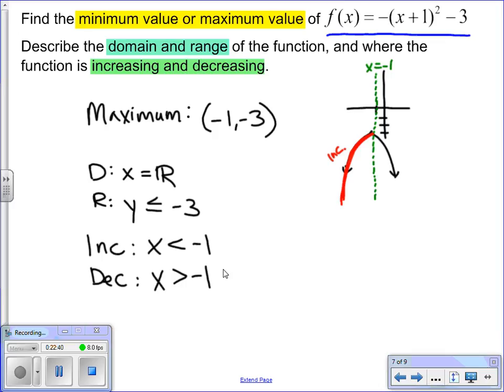It's its own special point as a maximum, and the points after it will be our increasing or decreasing function. Any questions about those 5 things we did that I can clarify for you? Okay, so that's it for our note.